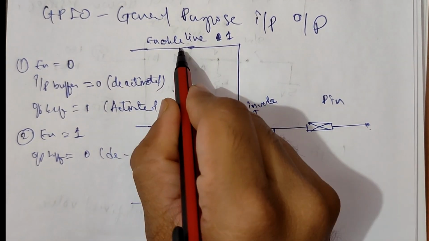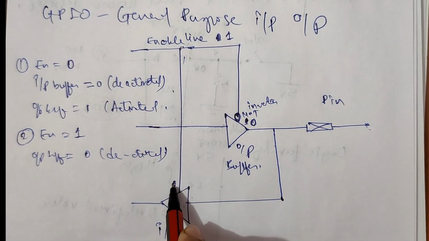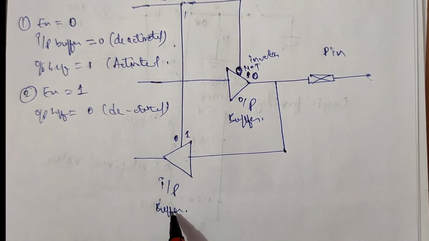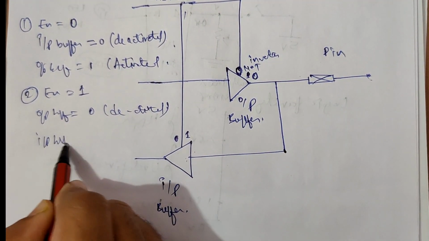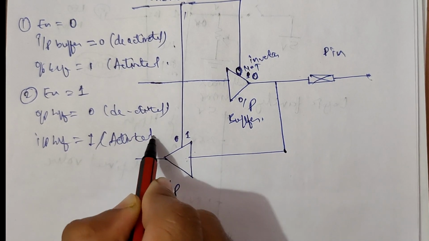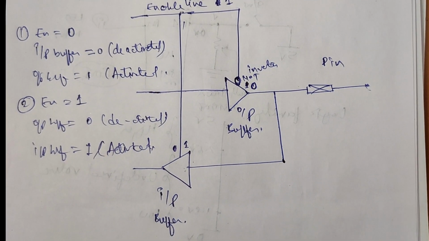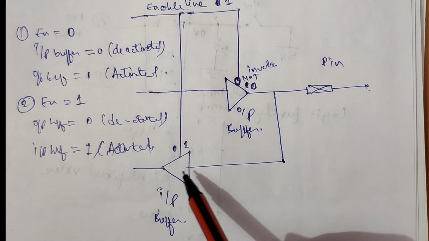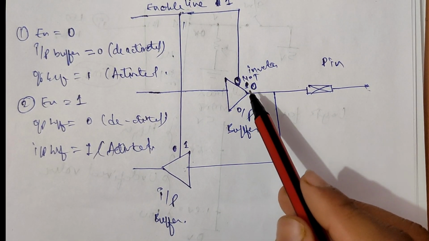And here I am getting 1 at the input buffer, so now you can see the input buffer is activated. So we will proceed further and see how these buffers work, or what is inside this buffer.